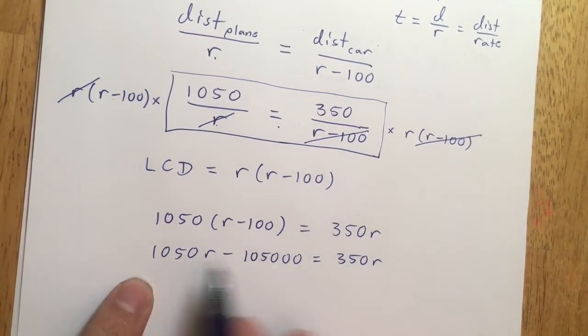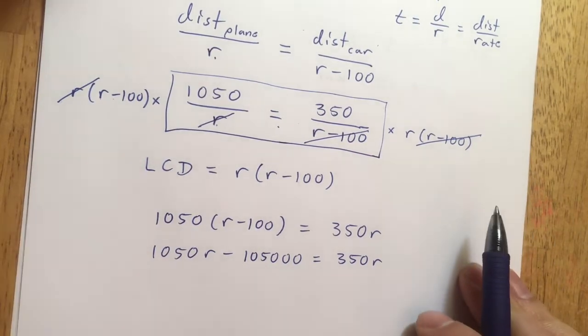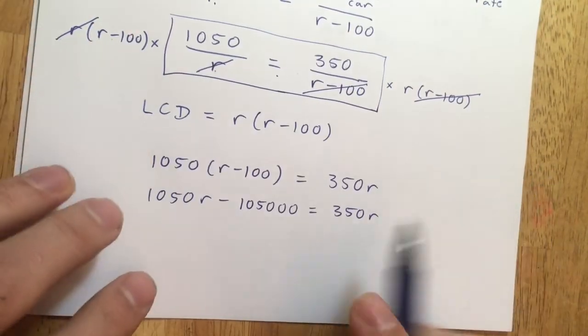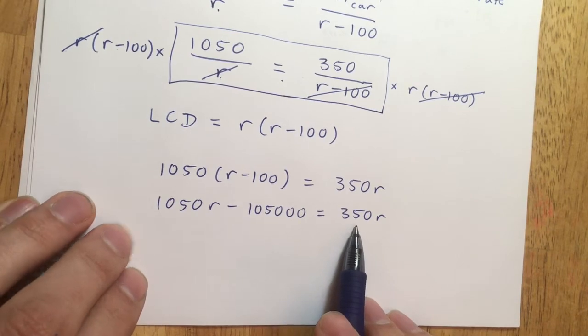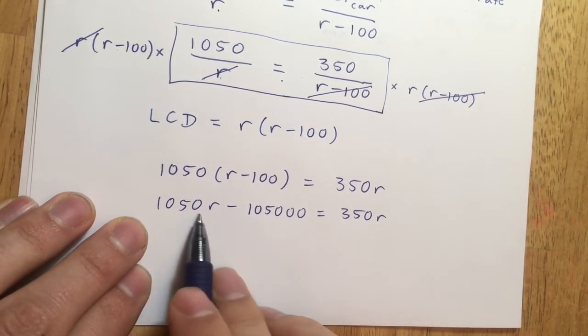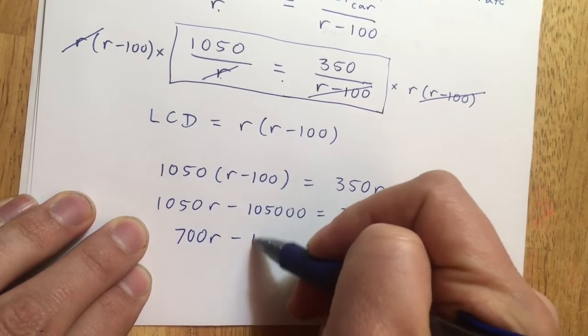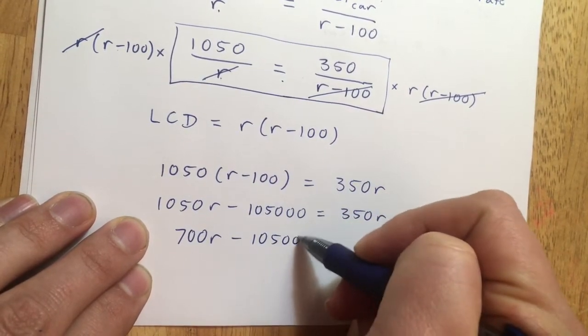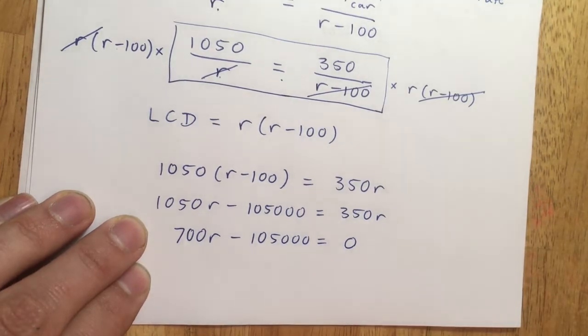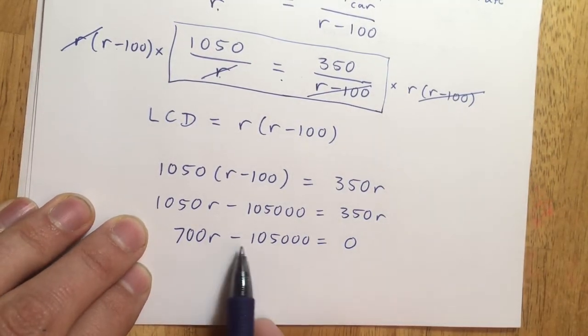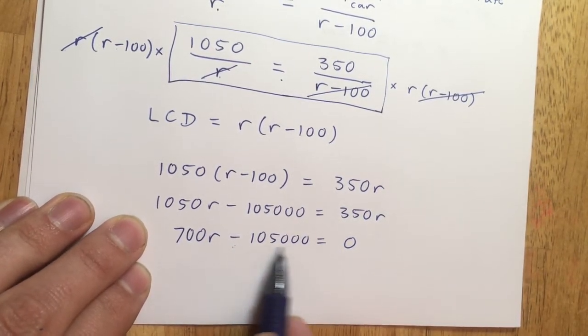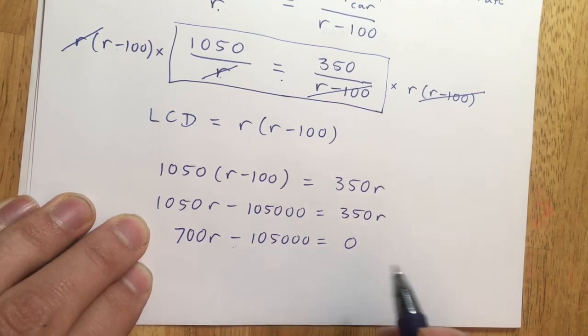I want r on one side and the numbers on the other side. So let's subtract 350r from both sides. When I do that, this minus 350 is 700. Let's add this 105,000 to both sides.